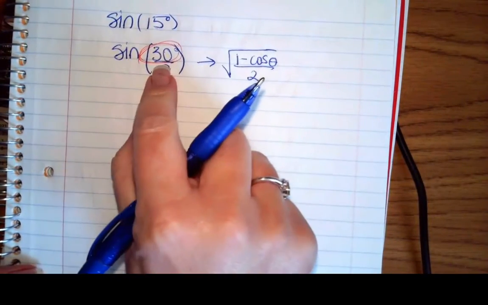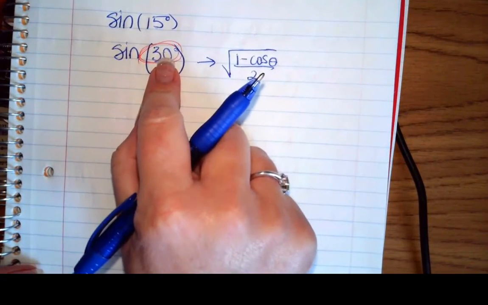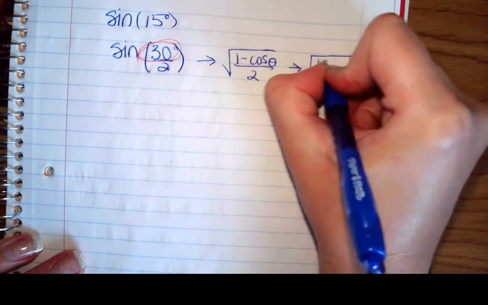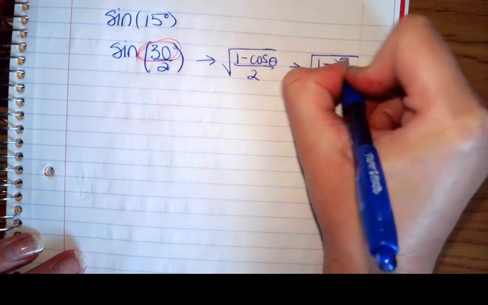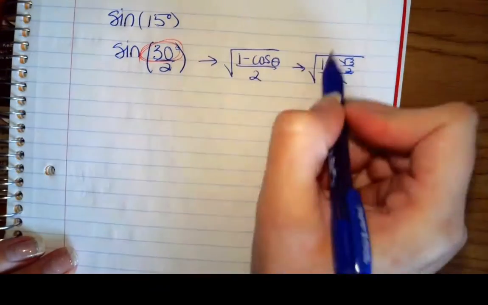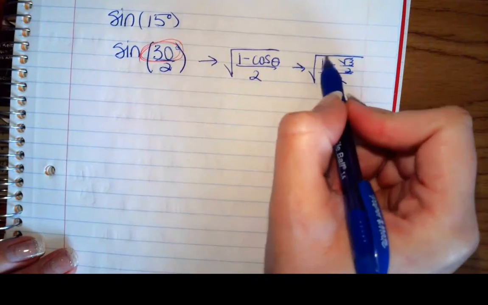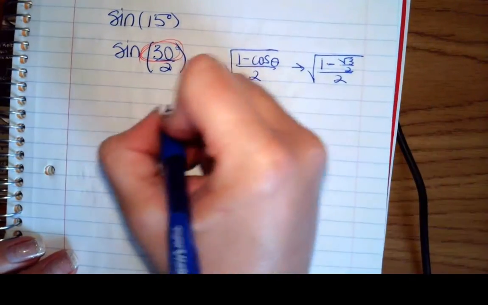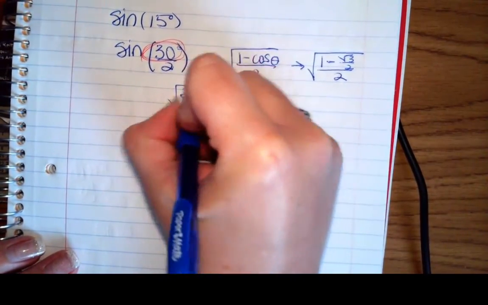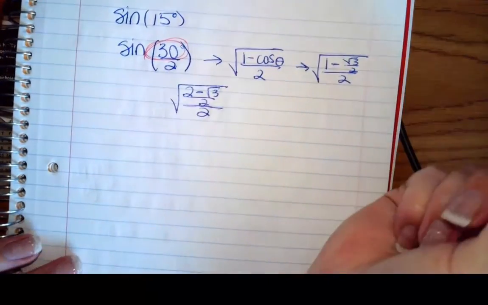Don't do 15, do 30, because that's what you're taking half of. So that's going to become 1 minus root 3 over 2, over 2. And so get your common denominator of 2. So this will be 2 minus root 3 over 2, over 2.